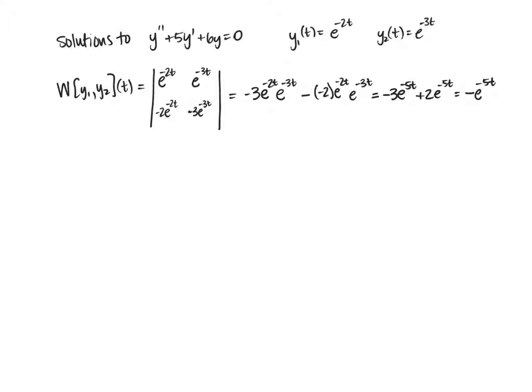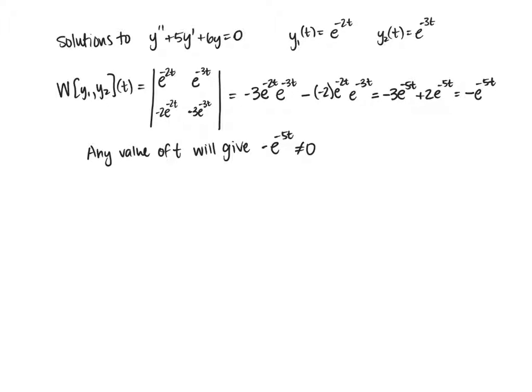And there is a t, in fact, any t that I plug in here will give me a non-zero value for this function. So any value of t will give me that negative e to the negative 5t is non-zero.